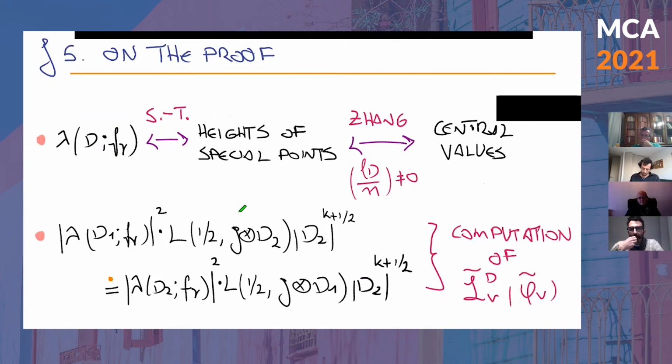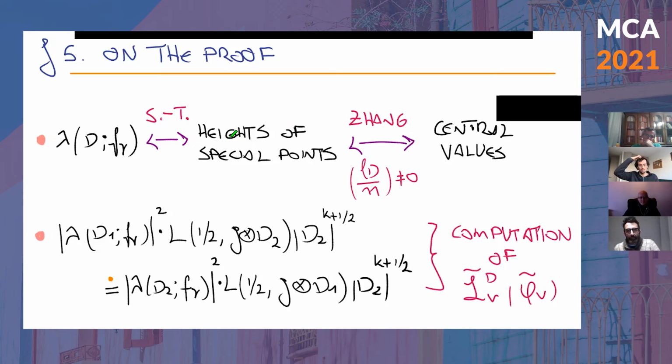Okay, so let me say a few words about the proof. Really few words. Our proof follows the ideas of Gross, in which a third ingredient is used to relate Fourier coefficients with central values, and it's a kind of geometric ingredient, which are special points on certain curves.